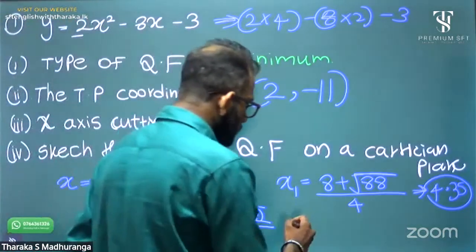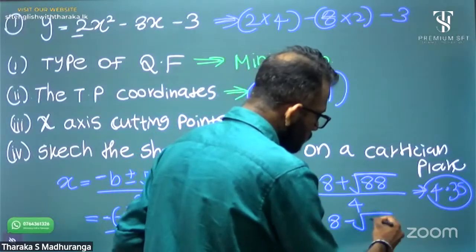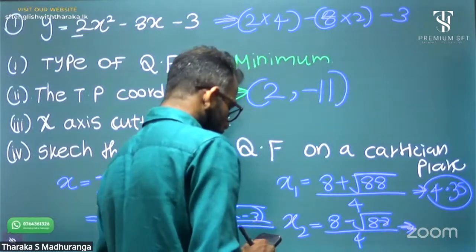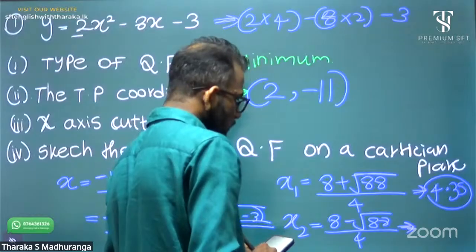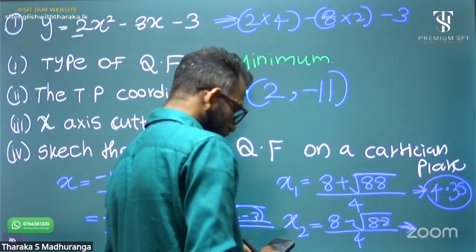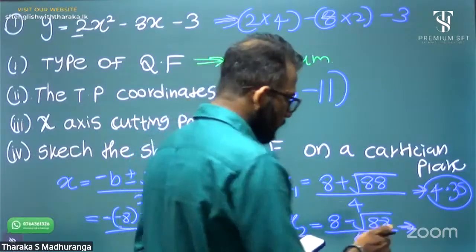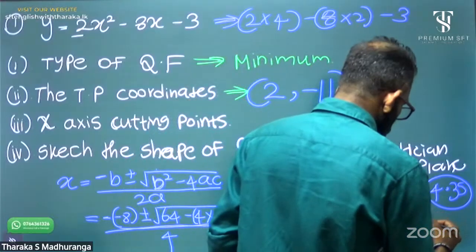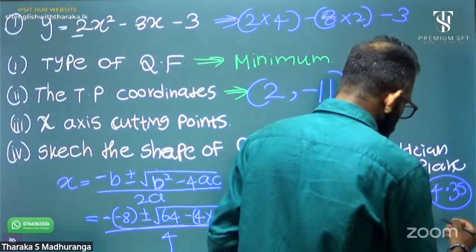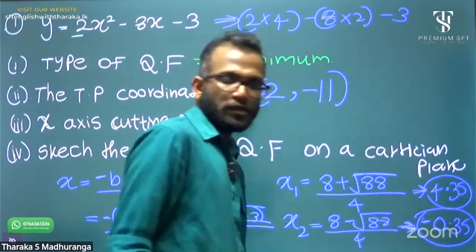Okay, again we can get the second x-axis cutting point, 8 minus square root 88 over 4. It's a minus value, minus 0.35.